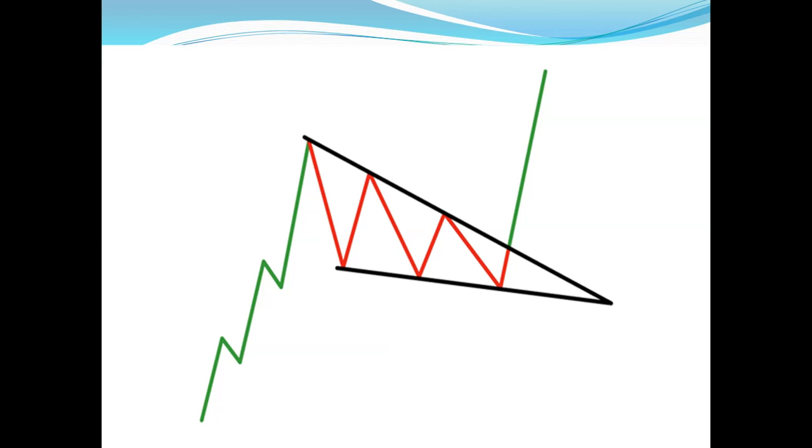This is the diagram. So you see there is a uptrend, then you see a pattern formed by support and resistance, then it break out.